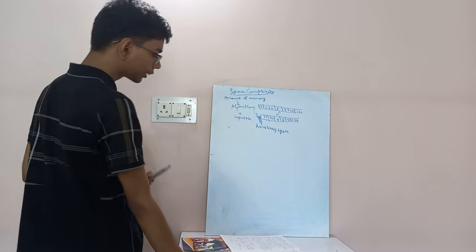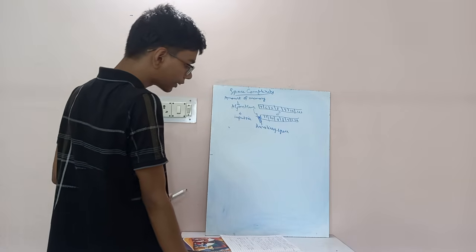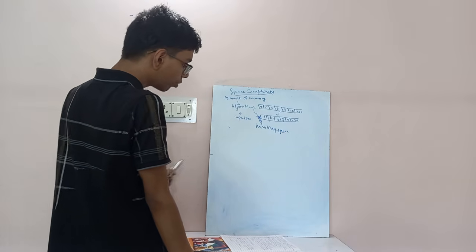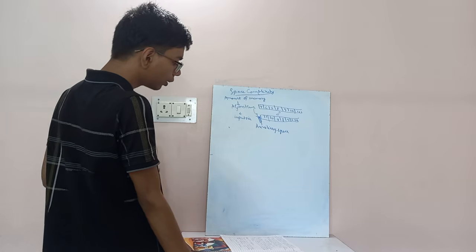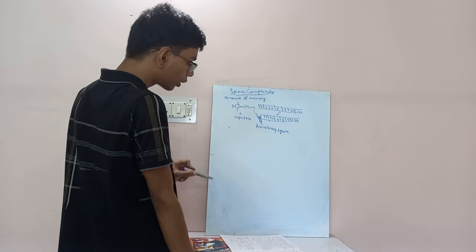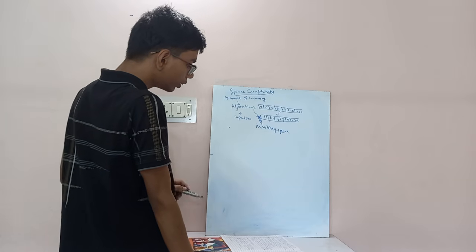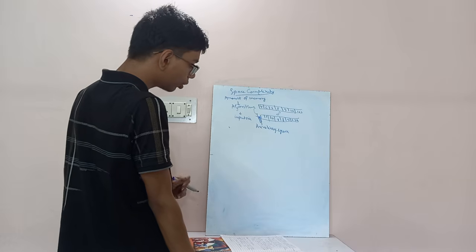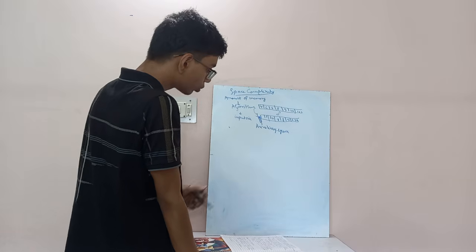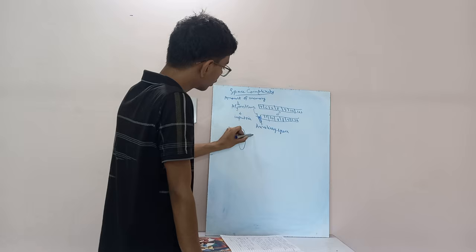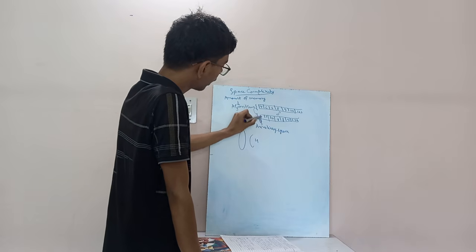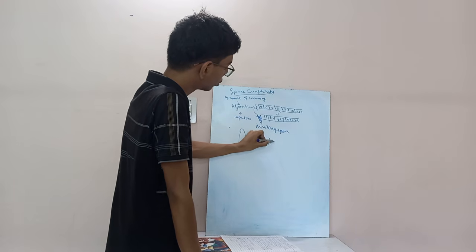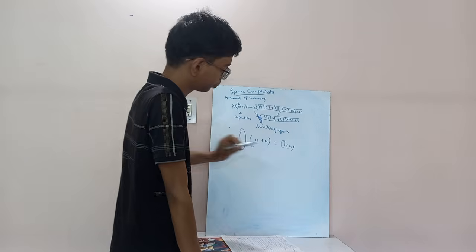So space complexity is the combination of fixed space and auxiliary space required, or it is the space required or consumed by the program in main memory during execution. That is what we call space complexity. So space complexity will be n for this and n for this. So it will still be n, right?